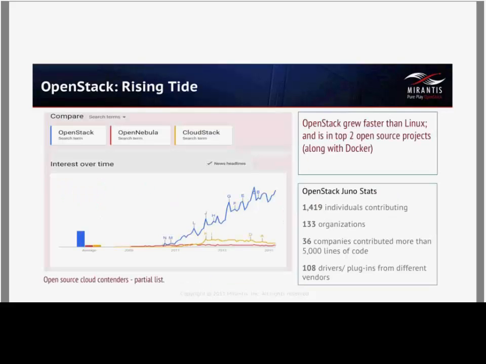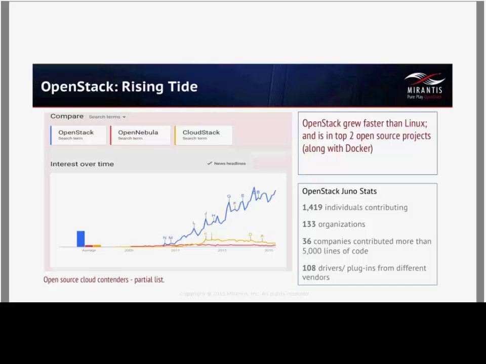I don't want to dwell too much on this slide because I think that we are all at this point primed to filter hype out. But it's worth noting that over the past couple of years, since the inception of several large-scale open source cloud projects, OpenStack has emerged as a consistently dominating and consistently growing phenomenon. It's a very large project.